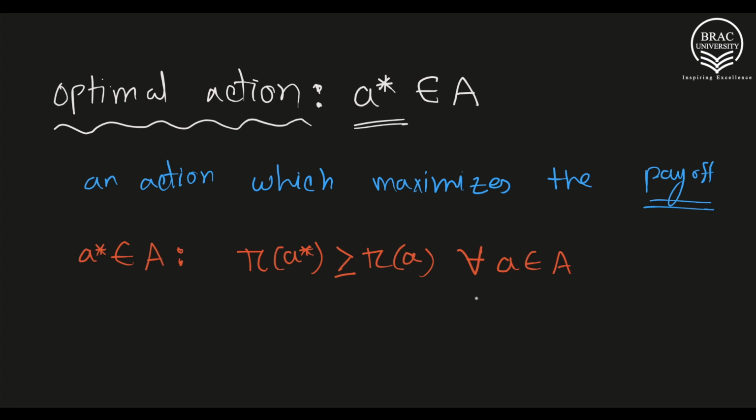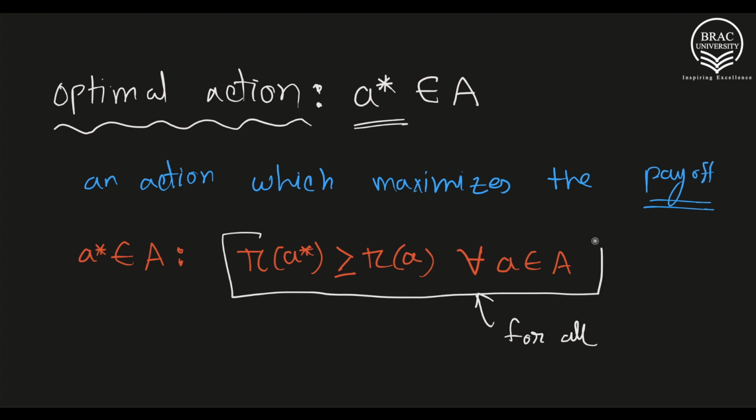Note that this symbol, the upside down A, means for all. So this is the mathematical definition of an optimal action. Again, this means that the payoff of A star, the optimal action, is greater than or equal to the payoff of A for all actions that belong to the action set.